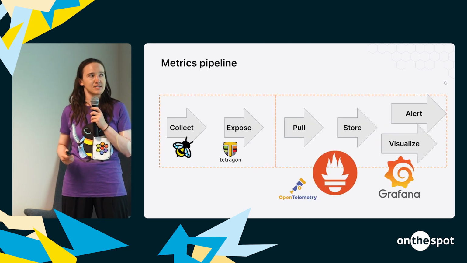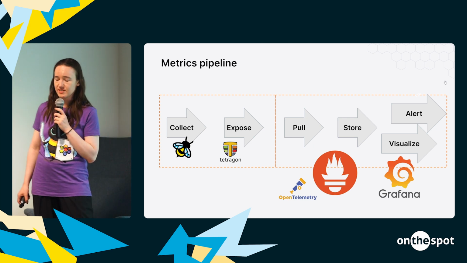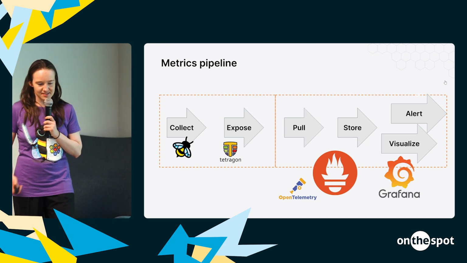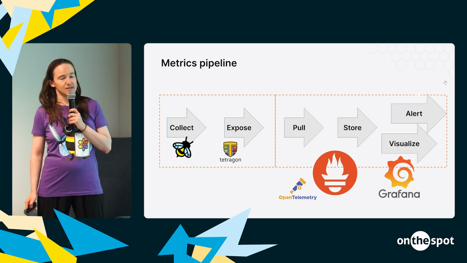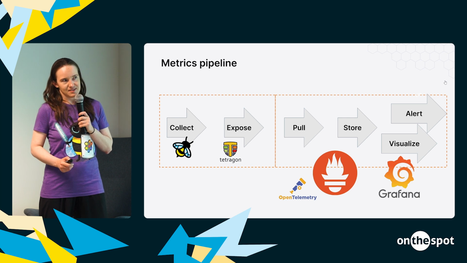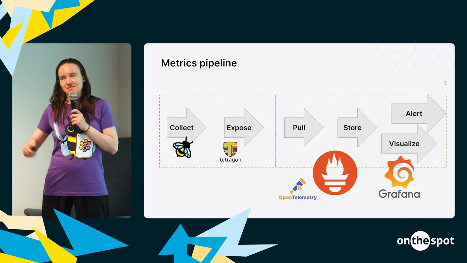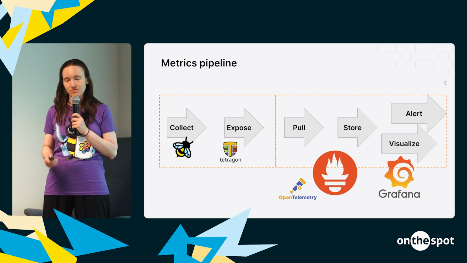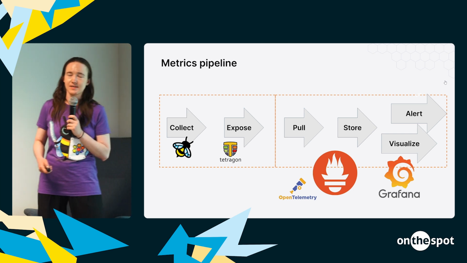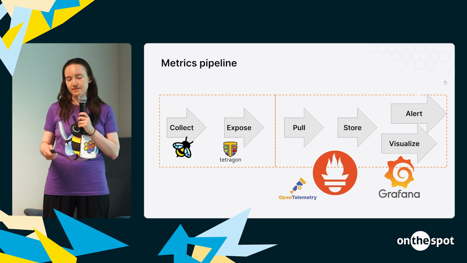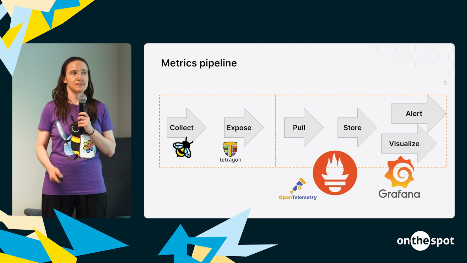Tetragon also produces metrics, Prometheus metrics. And how we do Prometheus metrics is a little bit different than most tools do it, because we do eBPF, right? So we collect data in eBPF, aggregate them in eBPF, and store them in maps.